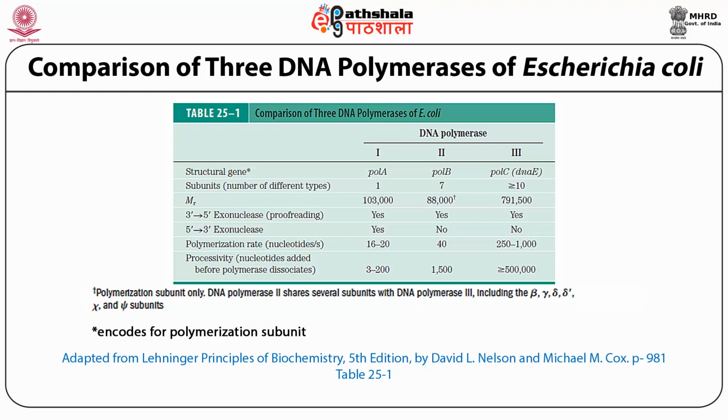But its processivity is almost 7 to 8 times that of DNA polymerase I. And if we look at DNA polymerase III, it just has 3' to 5' exonuclease activity, no 5' to 3' exonuclease activity, but its processivity is much higher, more than about 5 lakh bases.